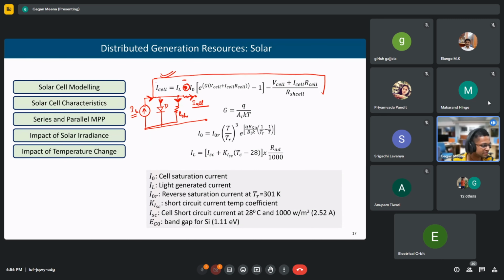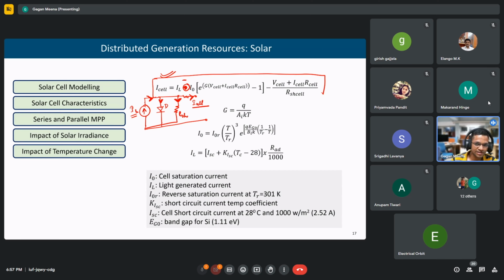So this is the model which we use for any kind of simulation. Whatever we do, you may use MATLAB, PSCAD, any kind of EMTP or RSCAD, even OpenRT. There are so many simulators, and they all use this type of model. This can be further complicated, but this is the simplest model that can be used.